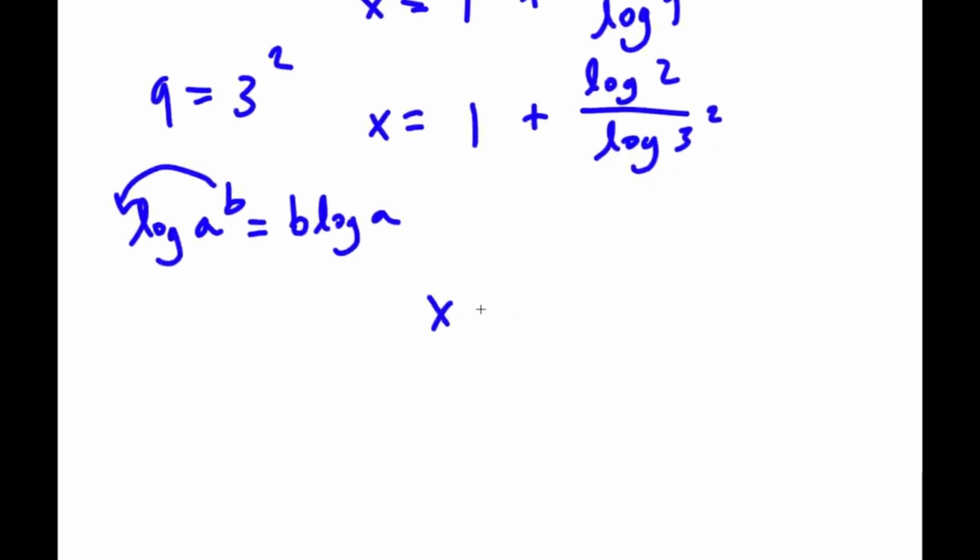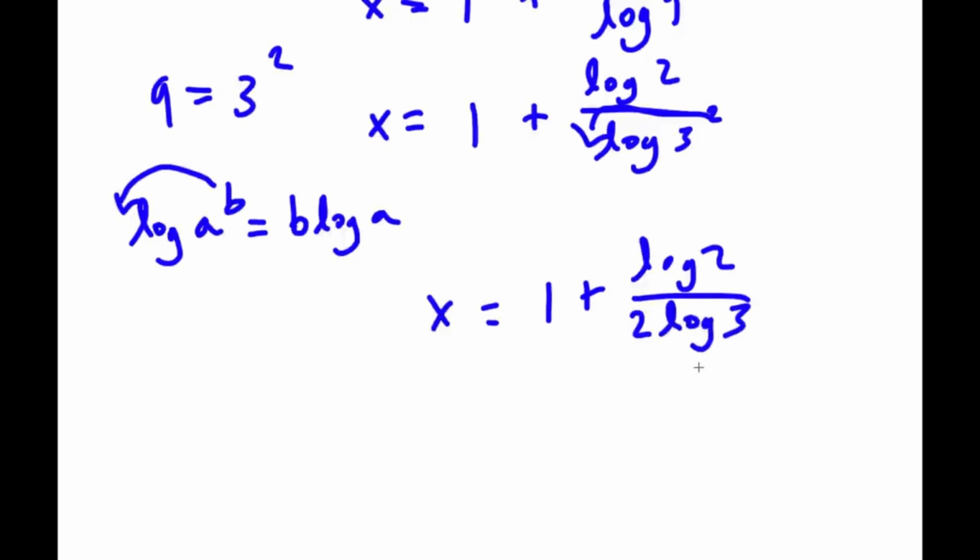So log 3 squared is going to equal, we move the 2 to the front of the logarithm, 2 times log 3. So now I have x is equal to 1 plus log 2 over 2 log 3.